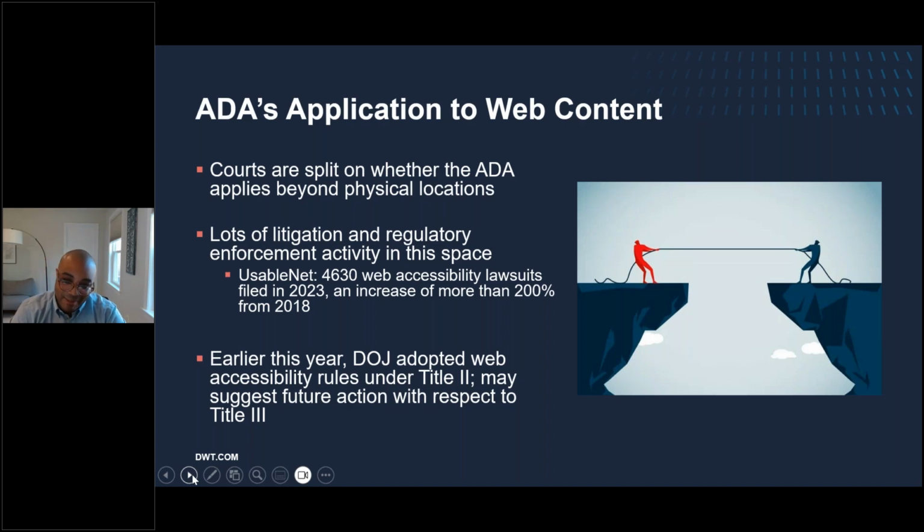So things like banks, stadiums and arenas, restaurants, barbershops, other places of recreation and commercial activity. Over time, the question arose as to whether or not the ADA applies to locations or platforms beyond the physical world. And that has been an area of debate for at least the last 20 years.